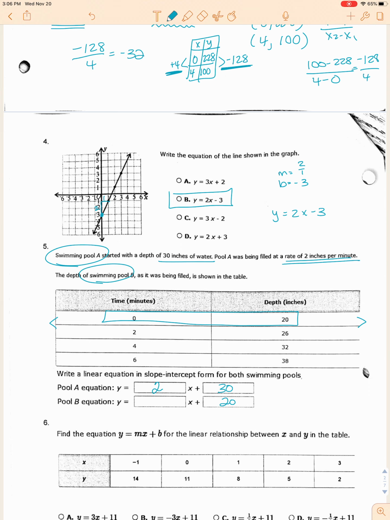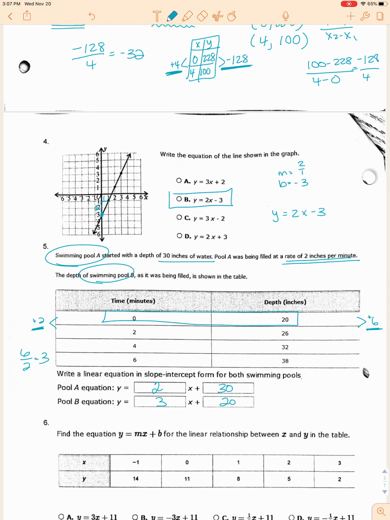And then it's filling at a certain rate, so I need to find that rate by finding the difference. 20 to 26 is a positive 6. 0 to 2 is a positive 2. And then I find the difference by the change of y over the change in x. So that would be 6 over 2. And 6 over 2 is 3. So my equation for pool B would be y equals 3x plus 20.